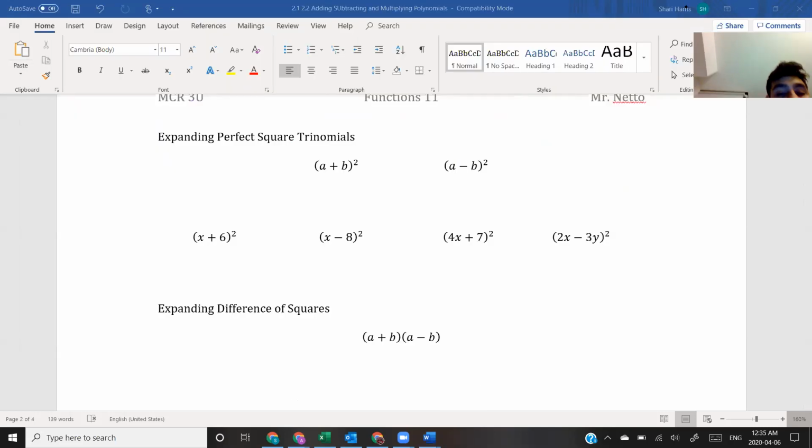All right, expanding perfect square trinomials. So a plus b squared is the same as saying a plus b times a plus b, which if we FOIL it out, we'll have a squared plus 2ab plus b squared.